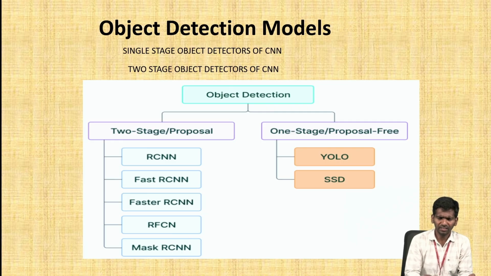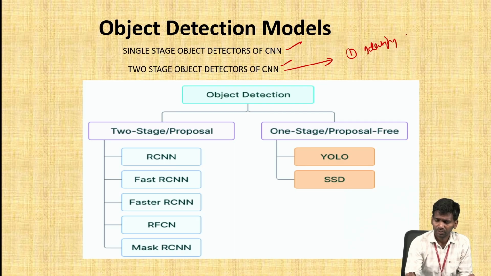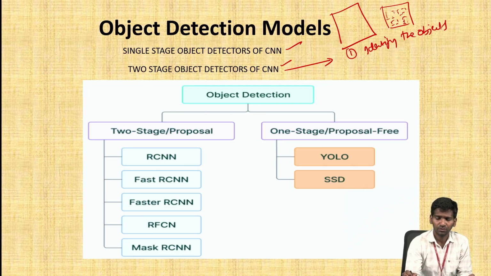So why two stage detectors and single stage detectors? In two stage detectors, the process takes place in two steps. In the first stage, we identify the objects. We have an image, and in that image we extract the layers, which means we identify the objects.